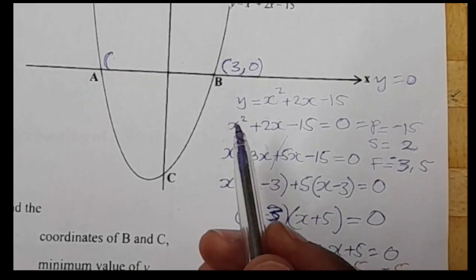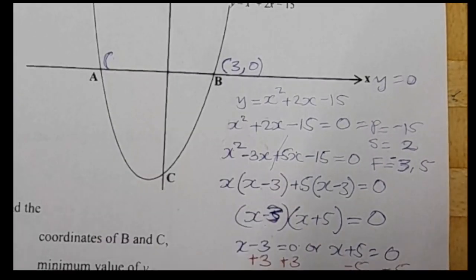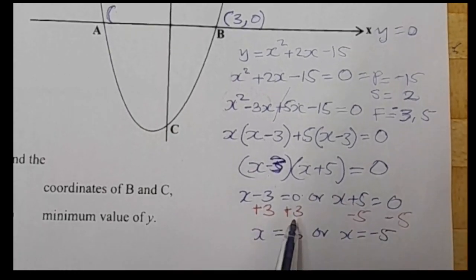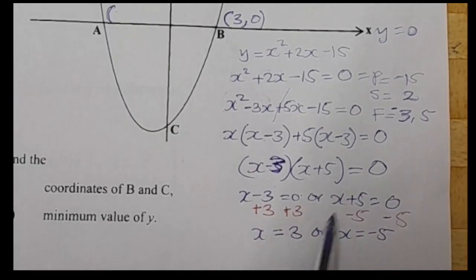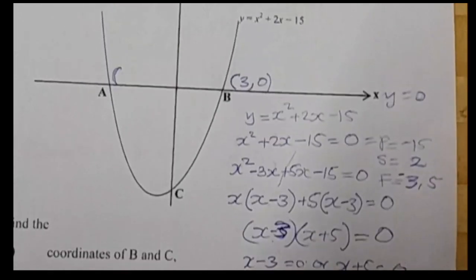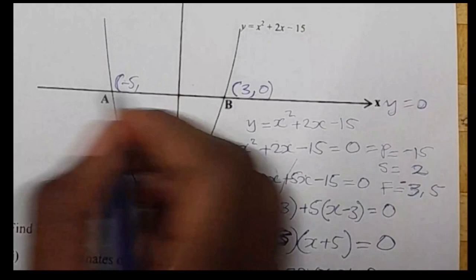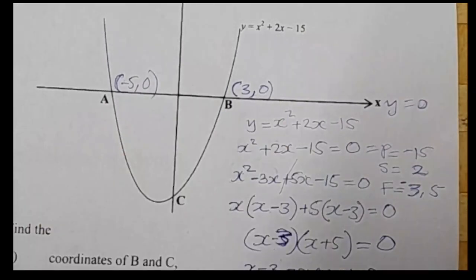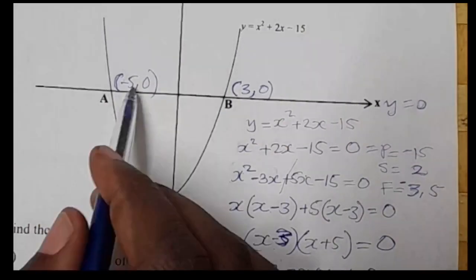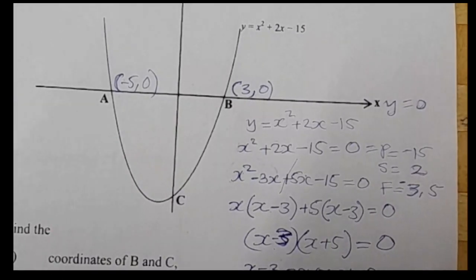You can also find for A if you want, but it's not important. For A, we've already found the value of x is negative 5, so it's (negative 5, 0) here. But this is not what you are being asked.